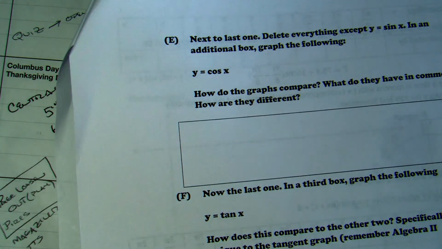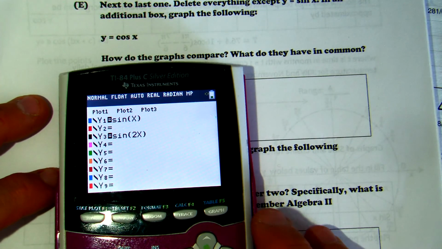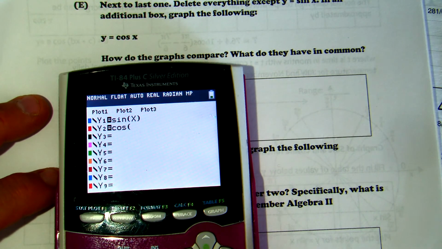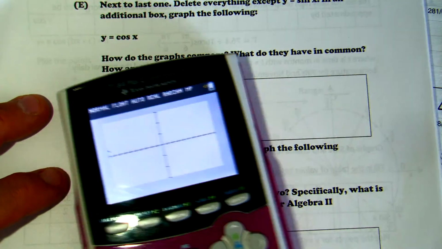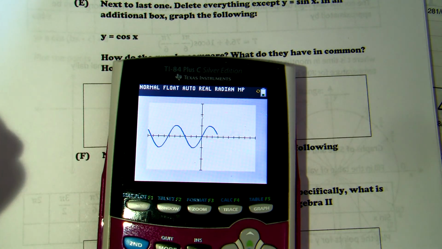Now, next to last one, so there's sine x. I'm going to get rid of the sine 2x, and I'm going to put the other cosine graph. So there's the sine of x once again, and now cosine.